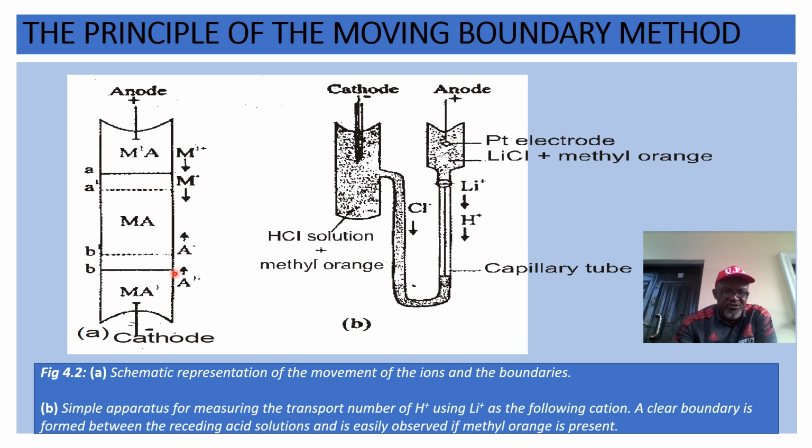The same thing happens here from here to here. That's what happens here. Lithium chloride plus methyl orange, which gives us that color to show the difference. And this one is HCl, and methyl orange also gives us the difference in the following ions and the moving ions.